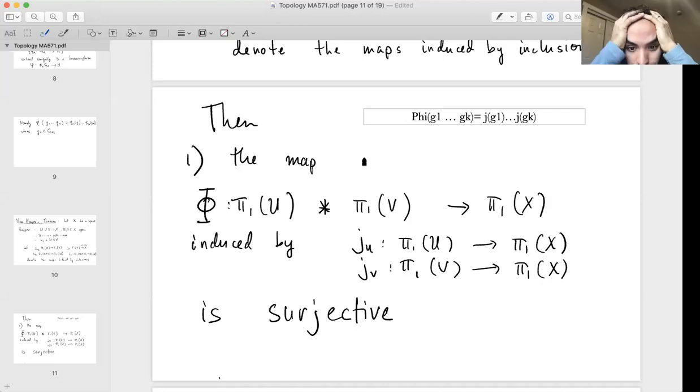We'll see a picture soon, but keep going. So how do you deal with the case when a loop starts in the part that's U and V, goes into the part that's just U, in X minus V, and then also goes into the part that's just V, in X minus U?